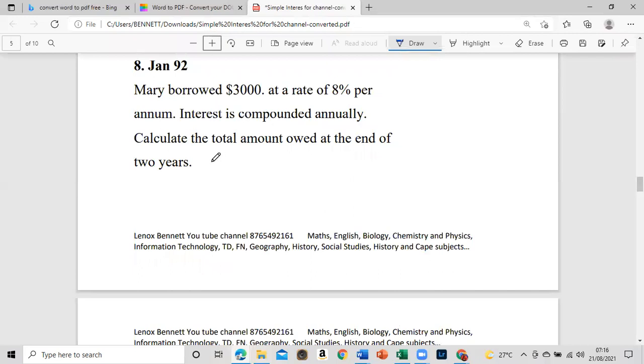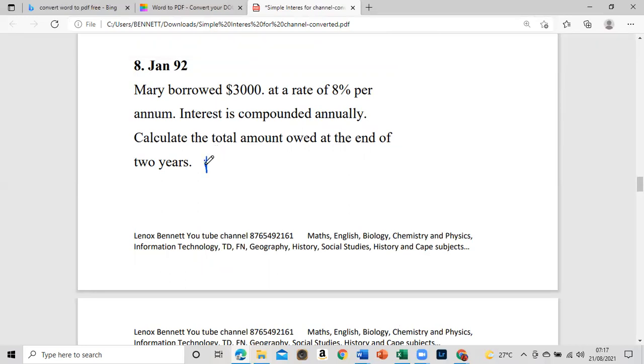And compound interest is, I did something like this on my channel the other day. It's P times 1 plus the rate, and then divided by how many times it compounds.